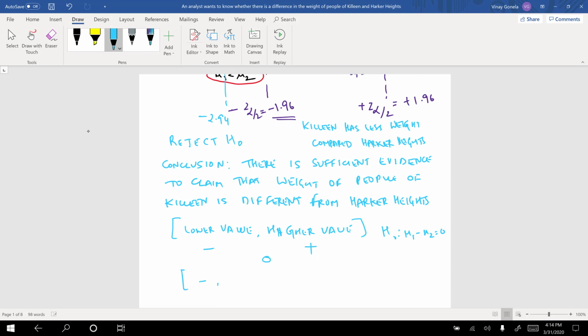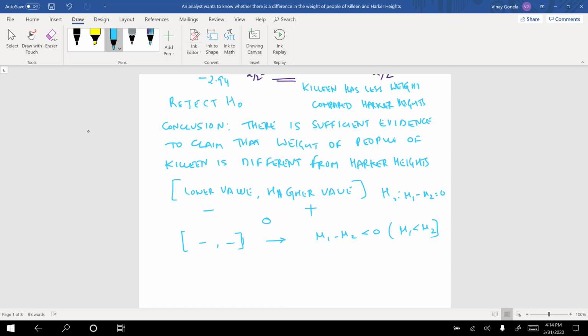If both are negative, that means mu1 minus mu2 is less than 0. So in this case you are saying mu1 is less than mu2. If both are positive, then you are saying mu1 minus mu2 is greater than 0. That means mu1 is greater than mu2. So I will discuss this concept when we solve it through our calculation aids.